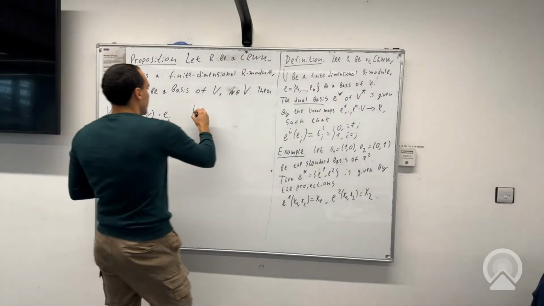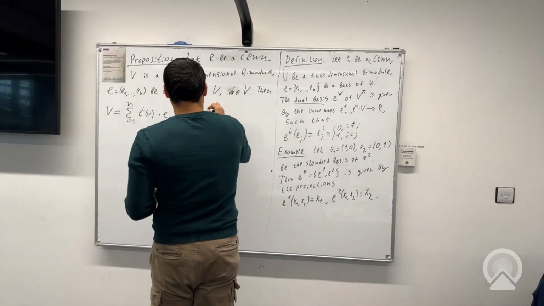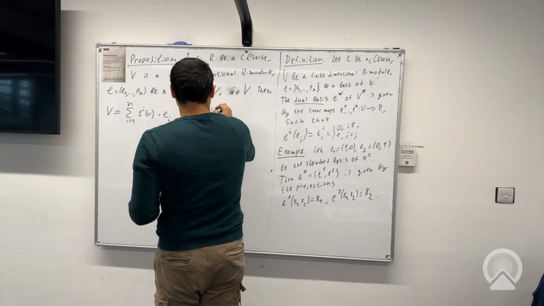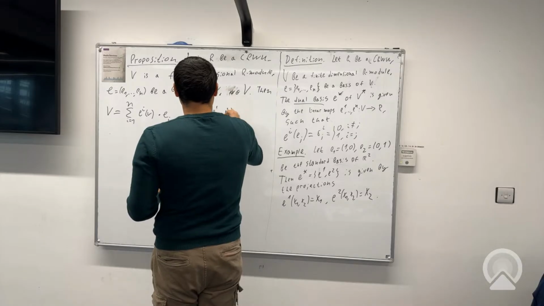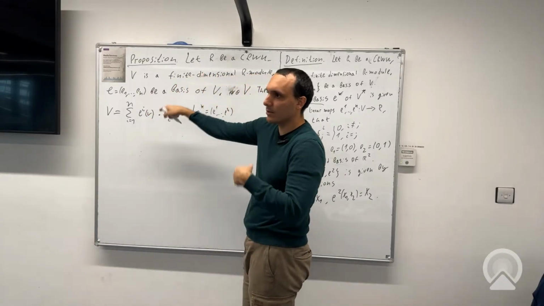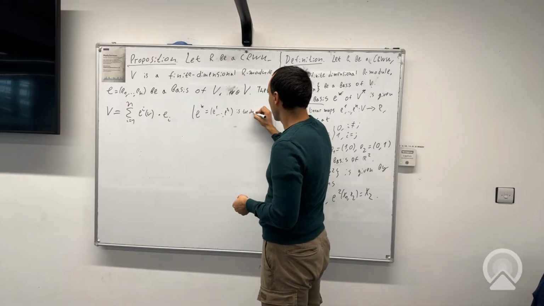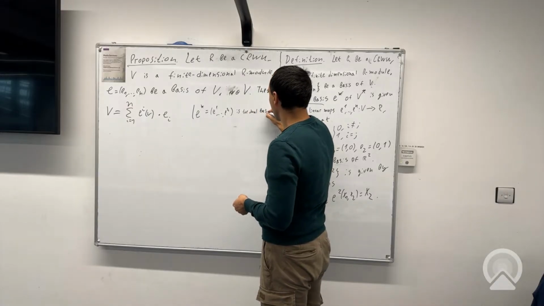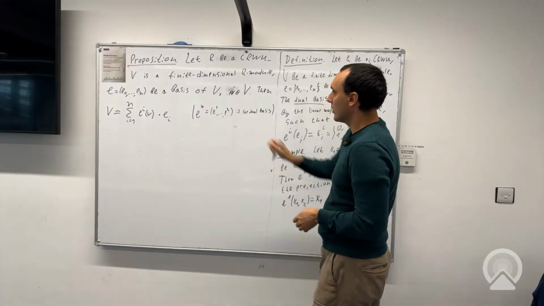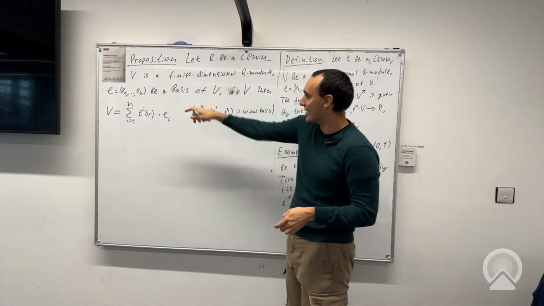Here of course E star is the dual basis. I forgot to say that, but I will assume that when I have a basis, the dual is the dual basis. You should put this before the statement.